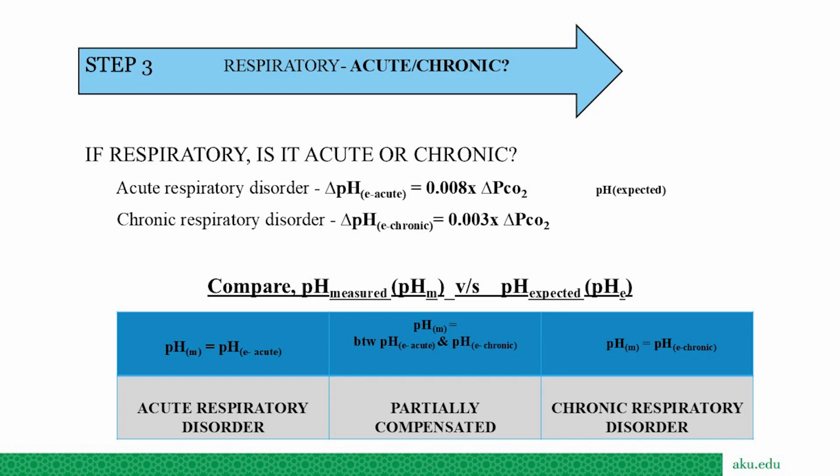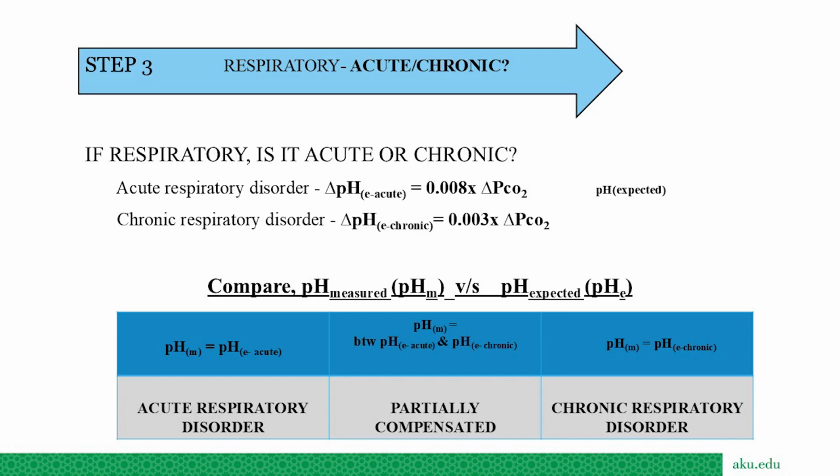If we multiply the difference in PCO2 by 0.08, we will get a value from which we will calculate the acute pH of the patient and the difference in the pH. If the results of the calculations are similar or nearer to the above value of 0.008 in this slide, that means the patient has an acute respiratory disorder.